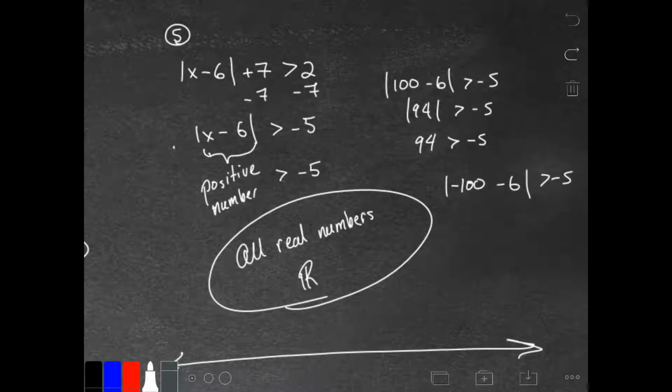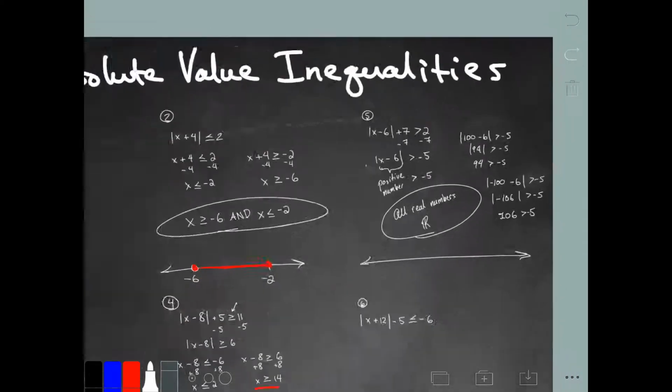That gives me the absolute value of negative 106, which is a positive 106. And yes, 106 is greater than negative 5. So as you can see, it doesn't matter what number I substitute in for x, I will get a true statement. Thus, we say all real numbers.